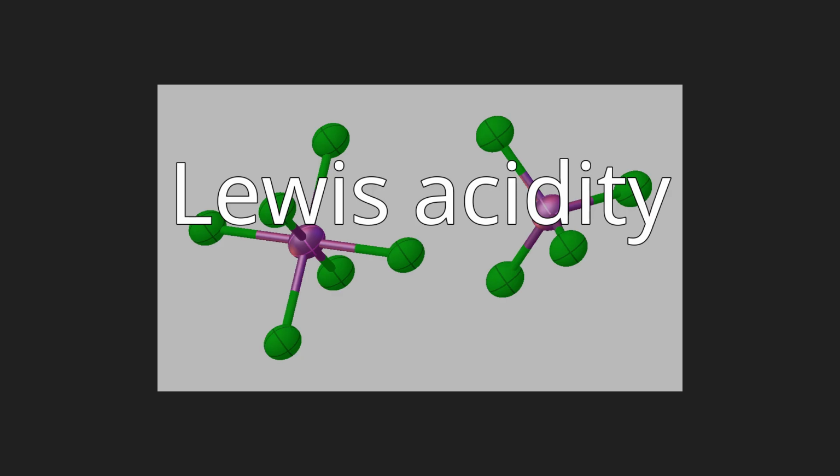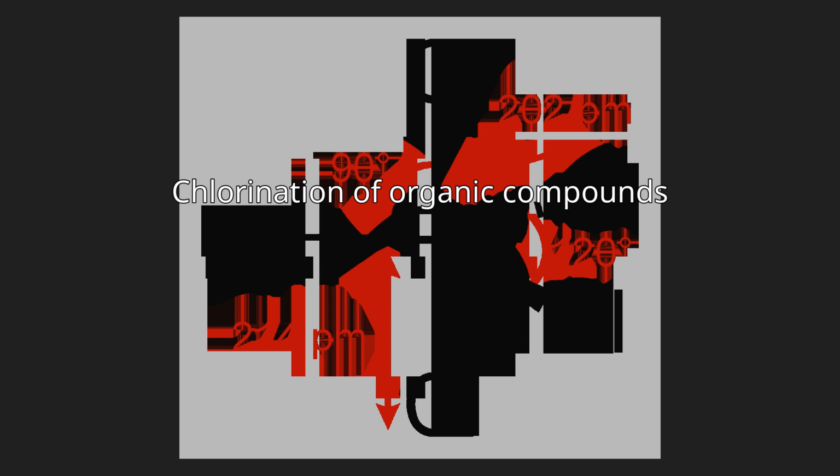Lewis acidity. Phosphorus pentachloride is a Lewis acid. This property underpins many of its characteristic reactions: autoionization, chlorinations, hydrolysis. A well-studied adduct is PCl5 pyridine. Chlorination of organic compounds.